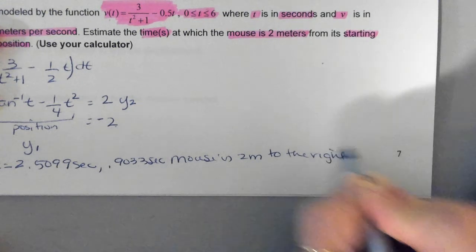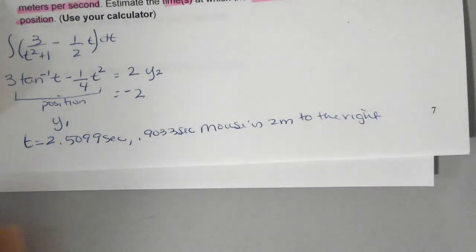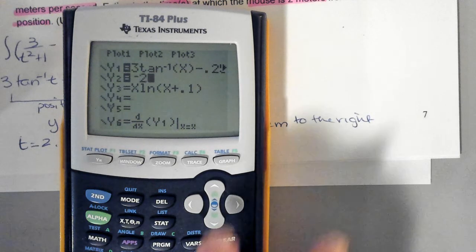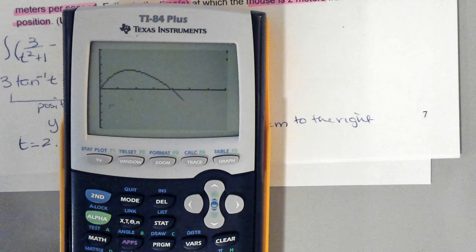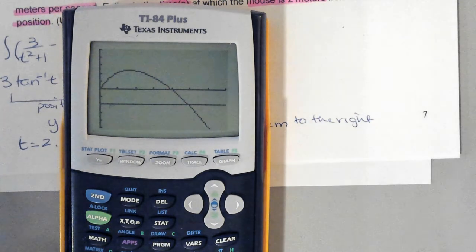Okay, so here's my question. How do I figure out when the mouse is 2 meters to the left? Yeah, go into y equals and change this to negative 2. Okay, this only happens once.